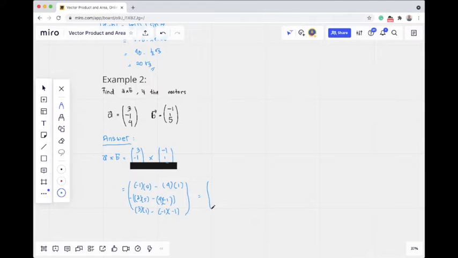So here -5 minus 4 is -9, and 15 plus 4 is 19, so -19, and then 3 minus 1 times 1 is 1, so 2 here. So -9, -19, and 2.